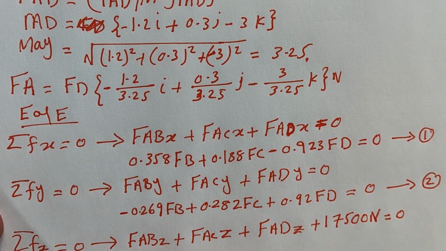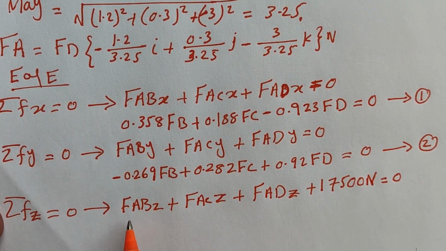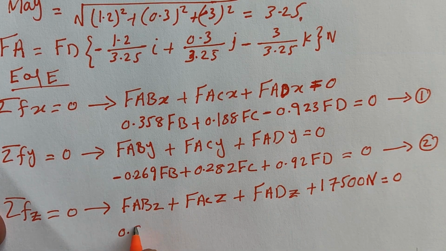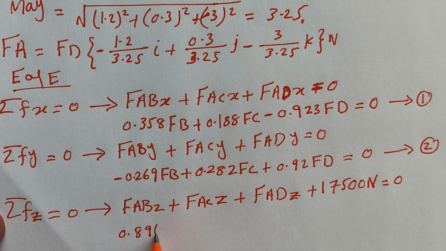So let's simplify this a bit further. For FAB, if you take this to the other side, it can be positive 0.896 FB. Guys, it is negative, however I'm taking it to the other side just to save time.